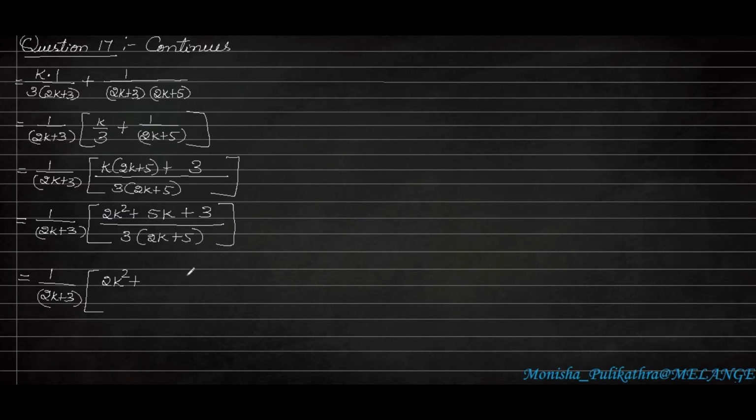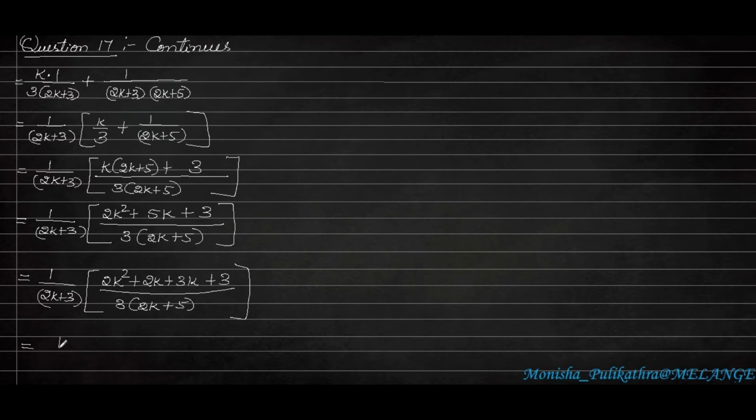And when we add the middle terms, it should be 5k. So I will be taking 2k plus 3k. So instead of this 5k, I will be taking 2k plus 3k, and plus 3 we have to write as it is. So denominator is 3 into 2k plus 5. So here 2k plus 3k is 5k, 2k into 3k is 6k square.